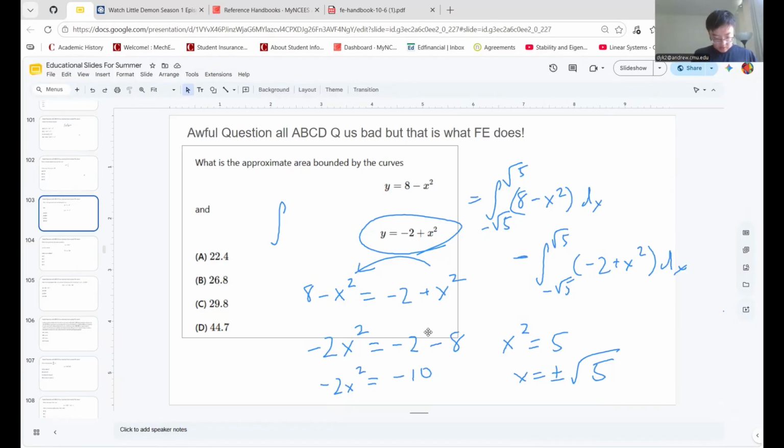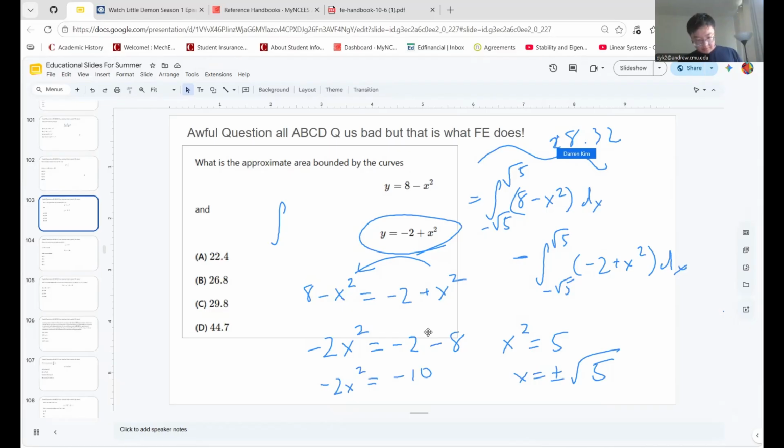So second integral, clear. So second integral over here, negative square root of 5 to square root of 5. Or maybe this calculator doesn't allow me to do this, and I have to do it by hand. Either way, I will do it if it's by hand. Well, I'm not going to like it, but I will do it. So this over here is 28.32.